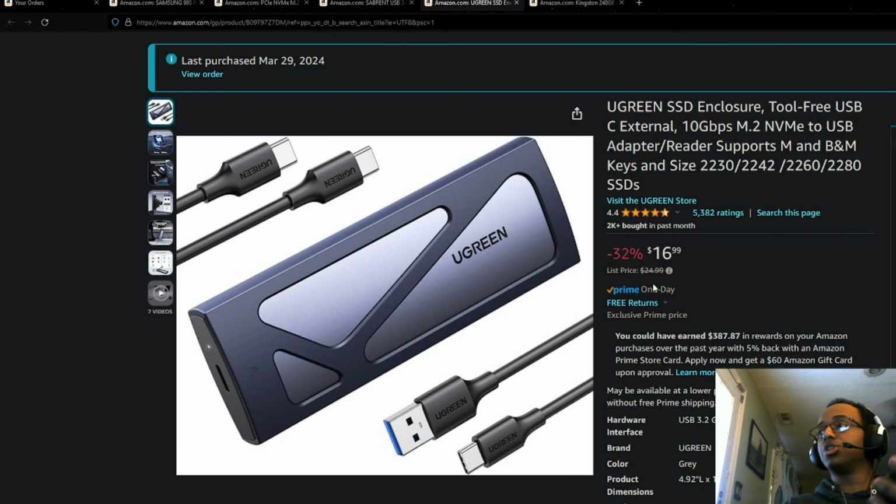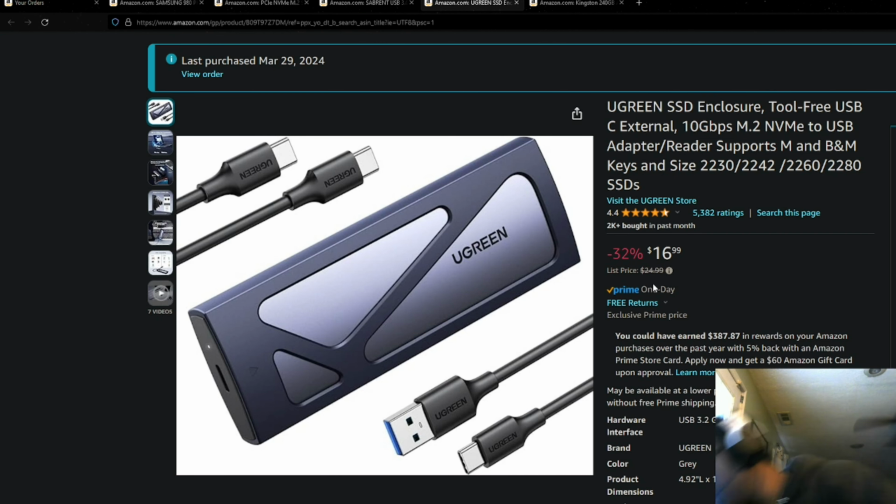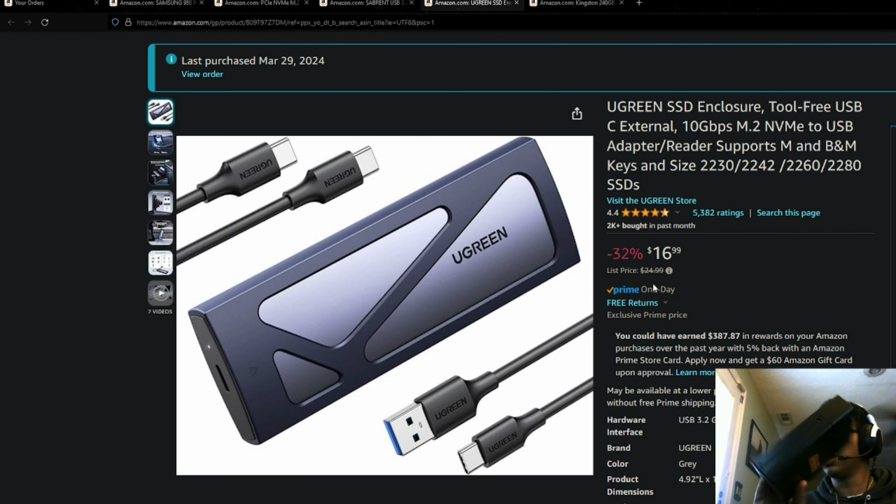Now, if you're going to use it all the time, like you're a college student and you need an external SSD, having this and a couple cables in your bag is so much easier than hauling... I don't even know where it is. Where's my adapter? I think that's right here. It's so much easier for you to haul something like this than a giant enclosure.